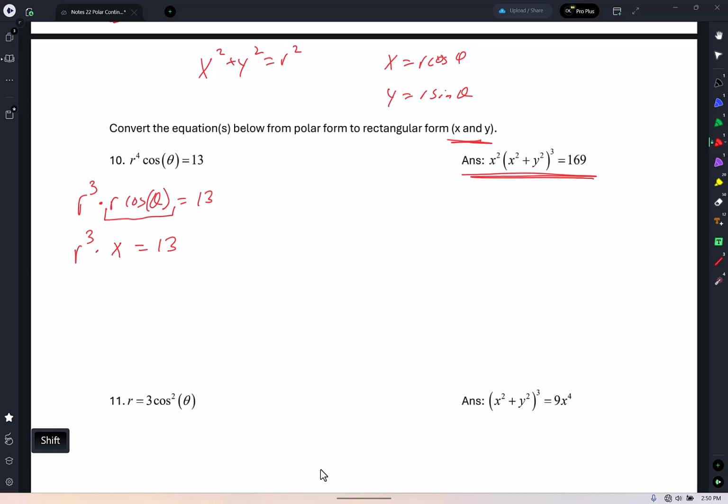So here's my first bullet. If r in the expression has an odd exponent, turn it even by squaring it.